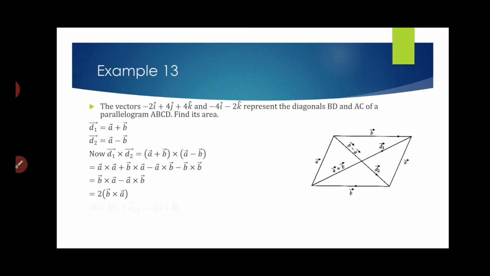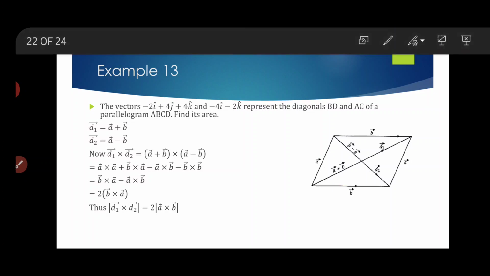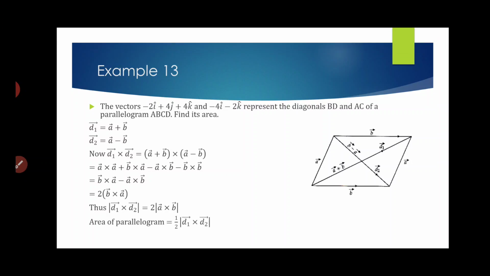So if I take the modulus of d1 cross d2, it is twice the modulus of a cross b, which is basically twice the area of the parallelogram. So the area of the parallelogram can be written as half the magnitude of the cross product of the diagonals.